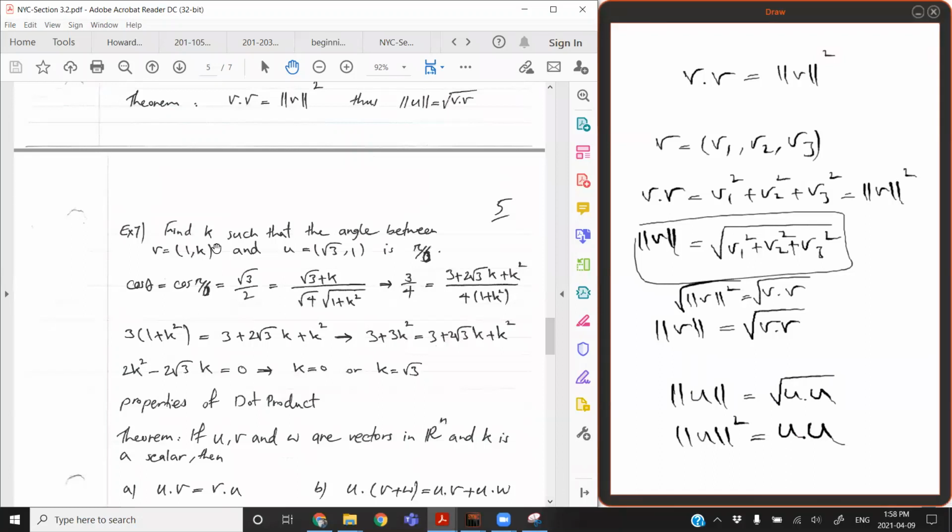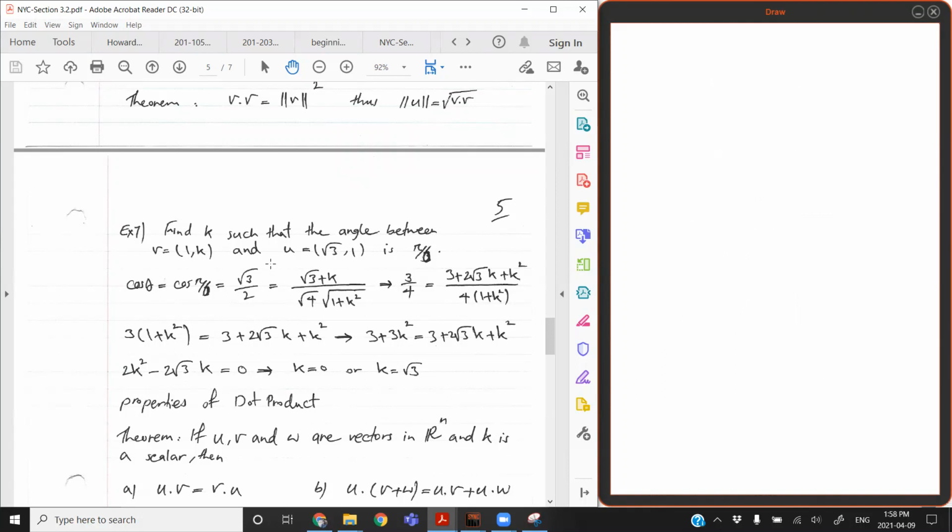Okay, example 7: find k such that the angle between the vectors u and v is pi over 6. So we have a vector u, root 3, 1, and we have a vector v, 1, k, and we want to find k such that theta is exactly pi over 6.